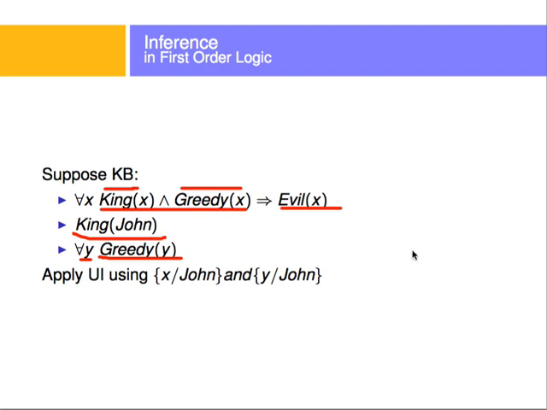If we had more symbols here, well, x is definitely John here. King of x, king x, x is going to be John. Now we also have that y, right? y is John. So then we eliminate this guy, and we will have a rule that says greedy John.